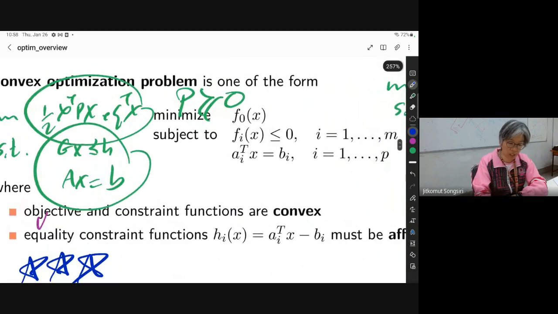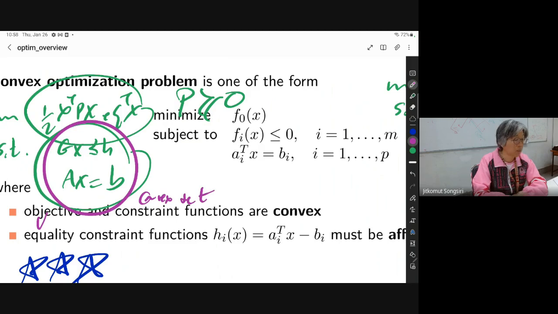QP has a constraint set that is a polyhedron, which is obviously a convex set, but the objective, which is a quadratic form, whether it's a convex function or not depends on P. We have seen previously that a function is convex if and only if the Hessian is positive semi-definite, and the Hessian is matrix P.